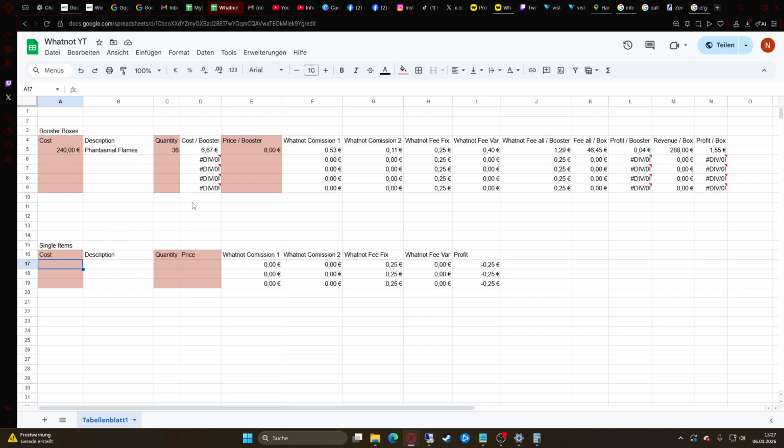Then down here we have almost the same stuff just for single items, where you don't divide by the quantity. Let's say we buy an ETB of something for 80 bucks. Quantity is obviously 1. And then I want to sell it for 100 bucks.